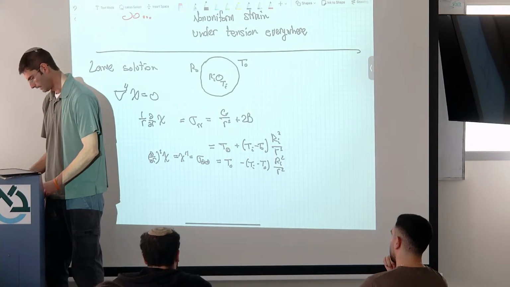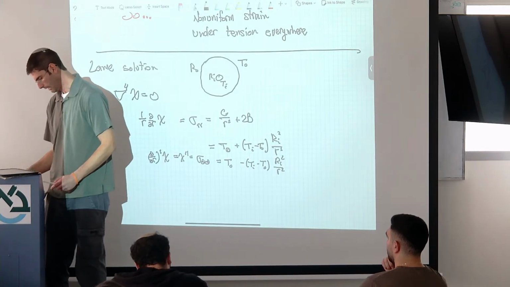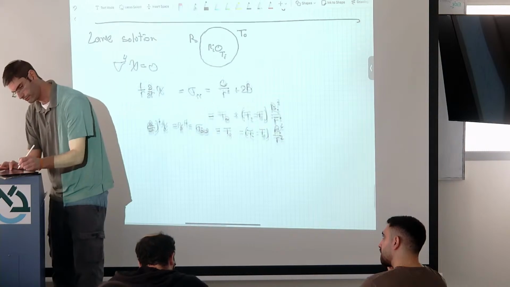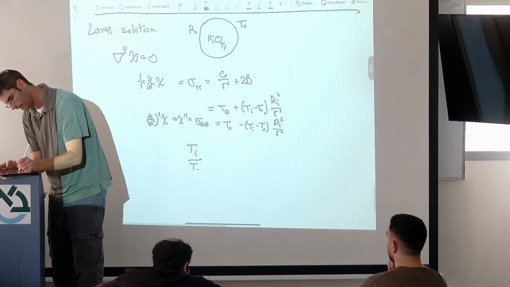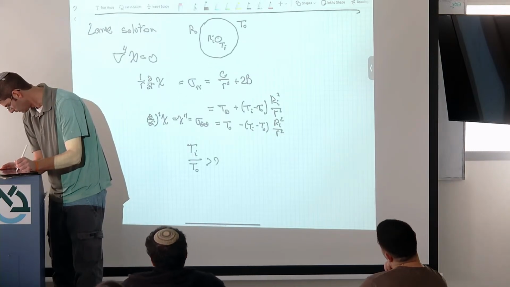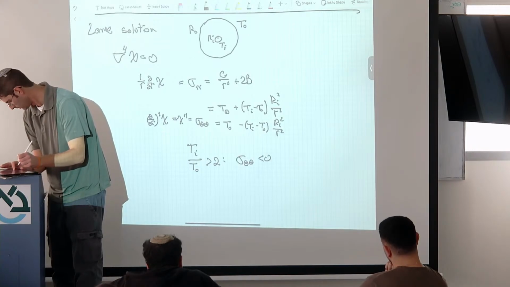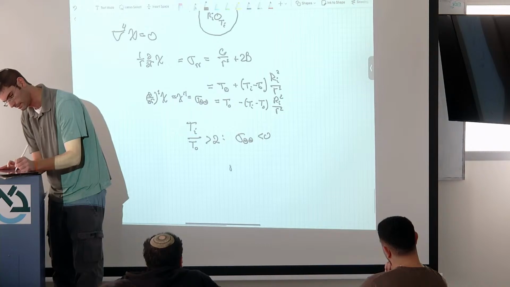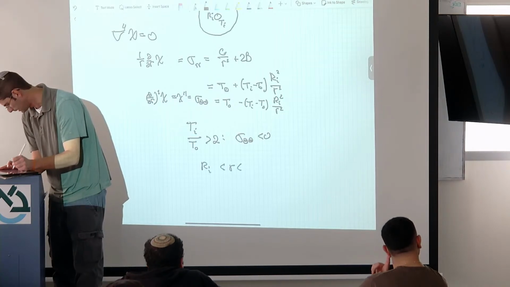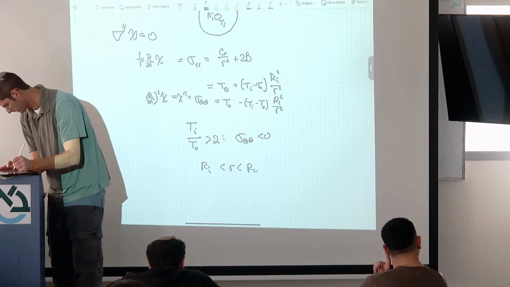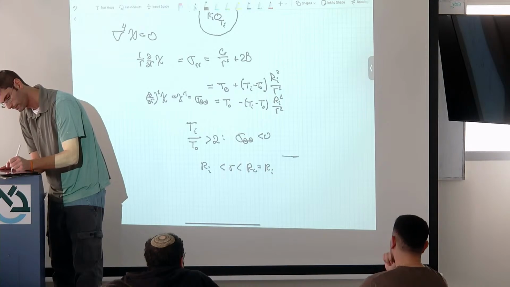So again, I show the solution, but what I get is that if T_i over T_o is larger than 2, then I have an area where σ_θθ is less than 0, and that means basically that this entire region, R larger than R_i and smaller than some critical radius, which is equal to, again, I'm not going through the math, T_i over T_o minus 1.